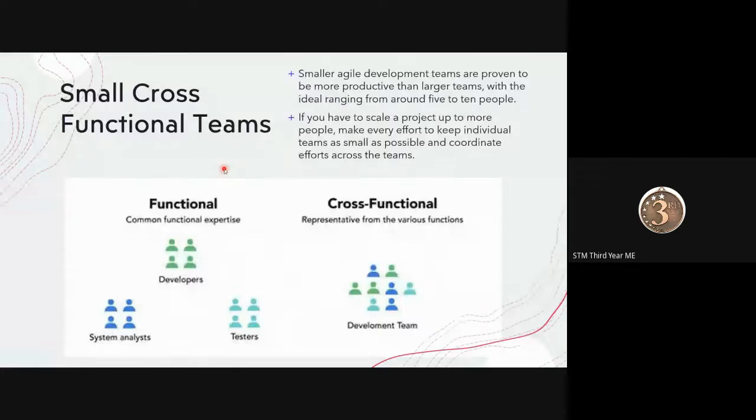If you divide it into various groups as shown here in the functional groups, it will take some time to transfer the workflow and data from one department to another. There is obviously a time loss, and we can't afford a time loss such as that in agile manufacturing.